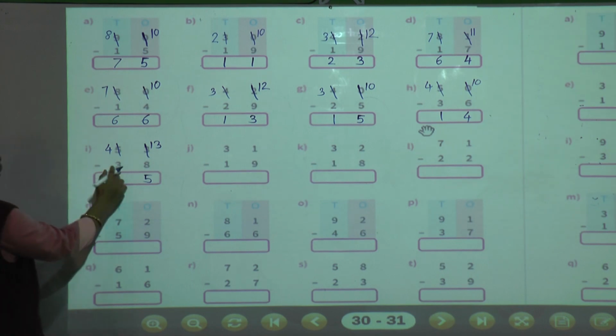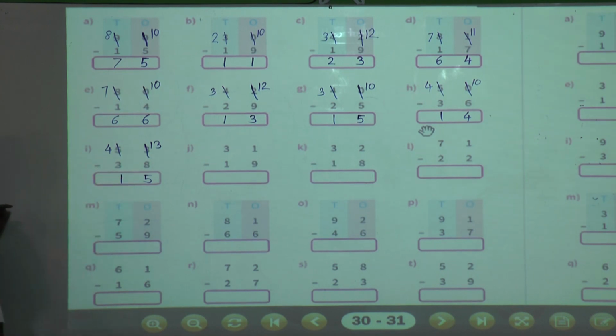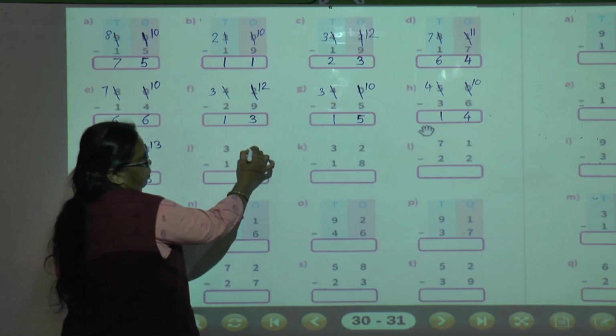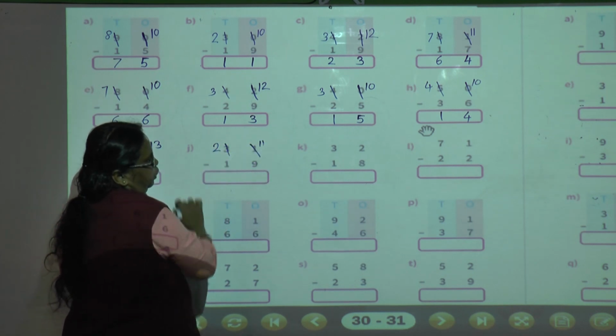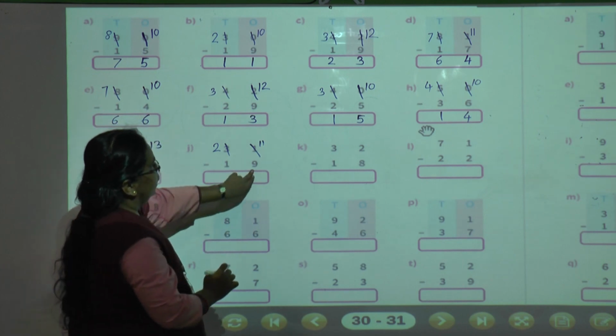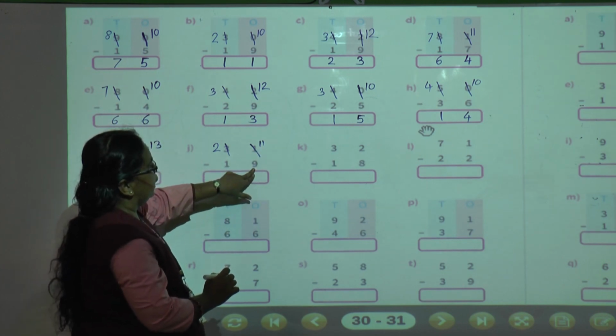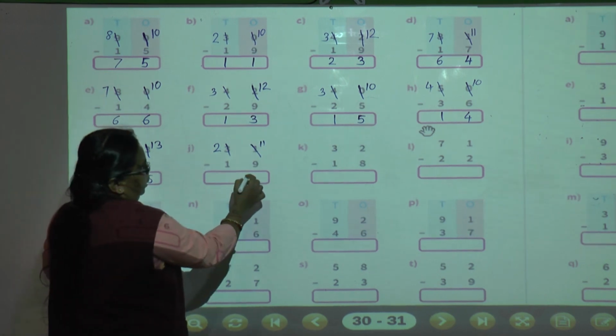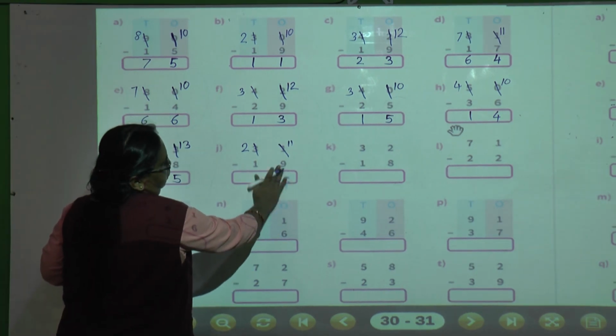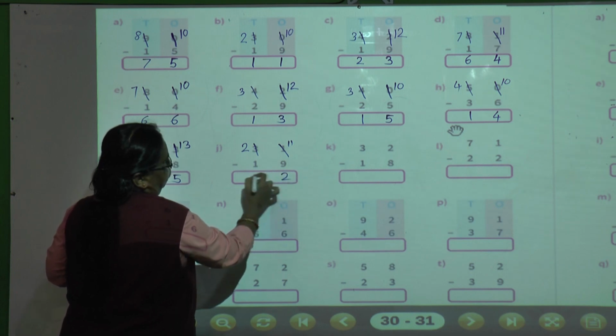And 4 minus 3 is 1. 11, 2. Then 10, 11 minus 9 is what? 10, 11, 8, 2, sorry. It is 2 and 1.